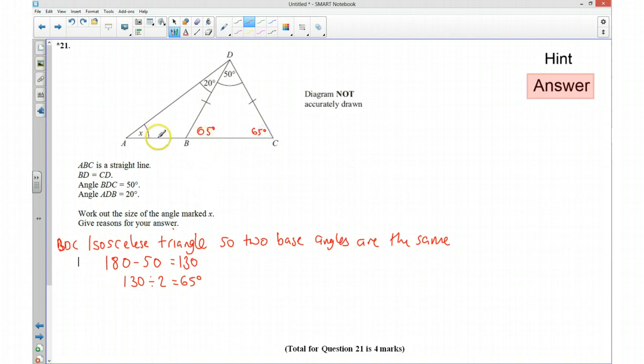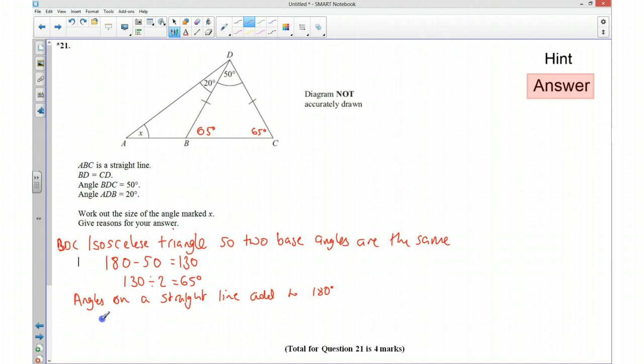And then we can say angles on a straight line add up to 180, so if that's 65, we can work out that angle there. So angles on a straight line add to 180 degrees.